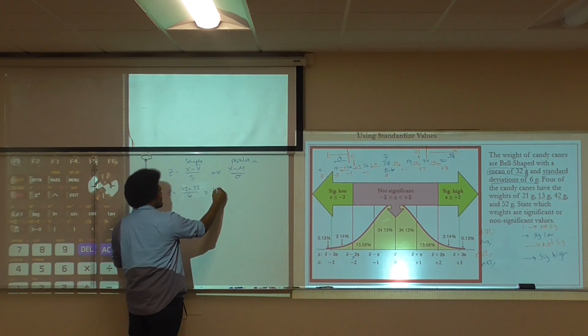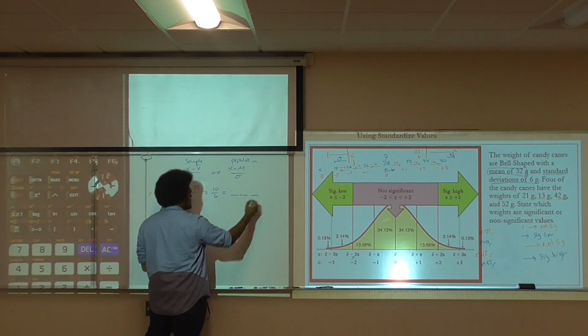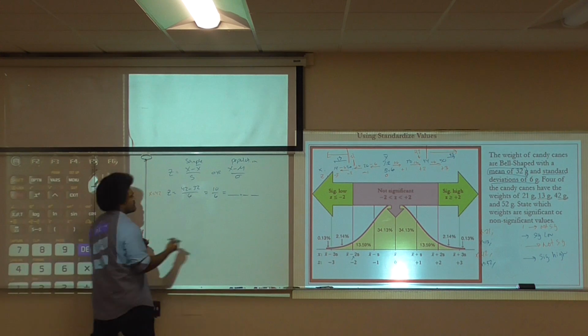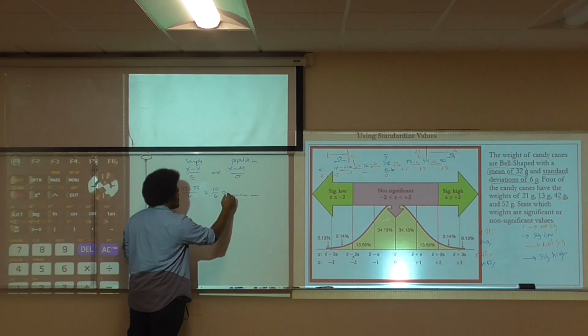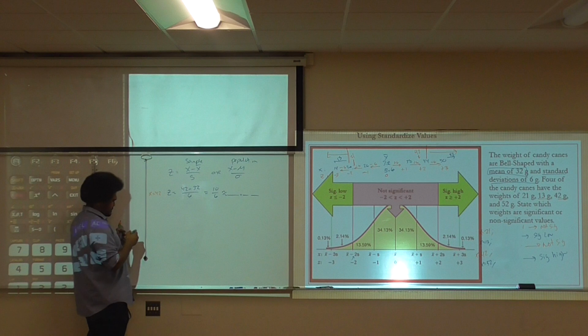We're going to 10 over 6, and we're going to figure out what that is. We always want to round to 2 decimal places. Are we going to see the same thing for the other ones?